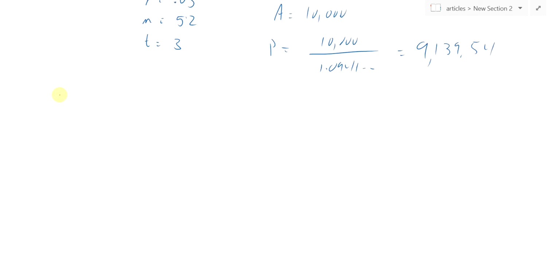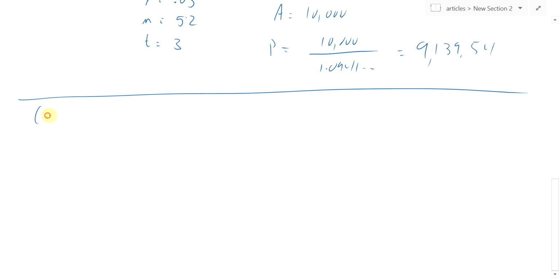The other formula is the continuously compounded interest formula. And again, we'll talk about this a little more when we get to section 3.2. And this is A equals P e to the RT.